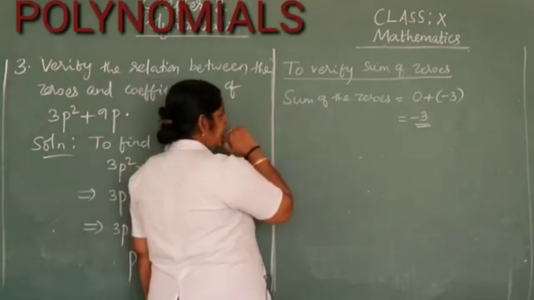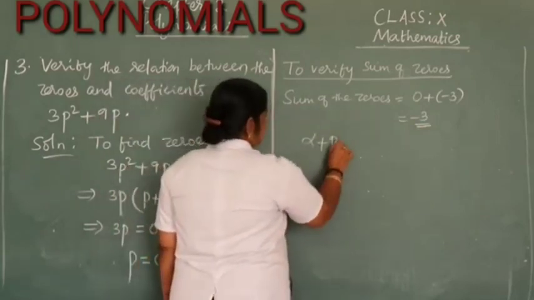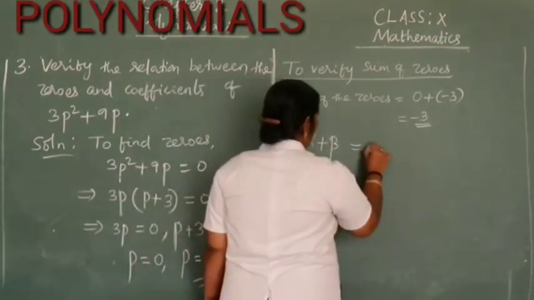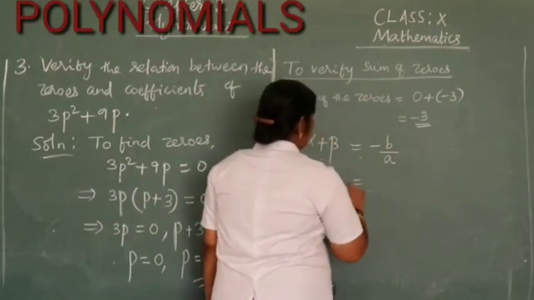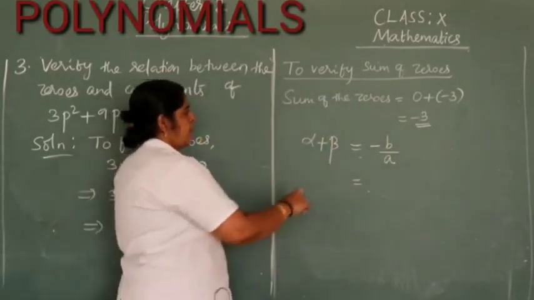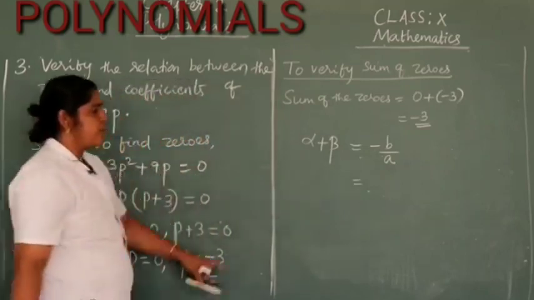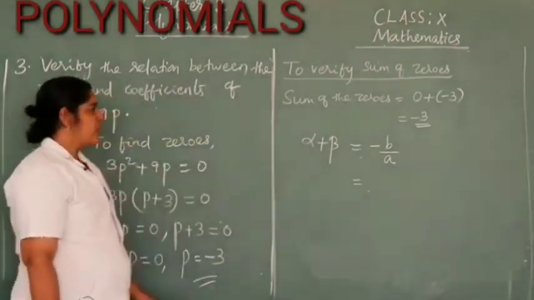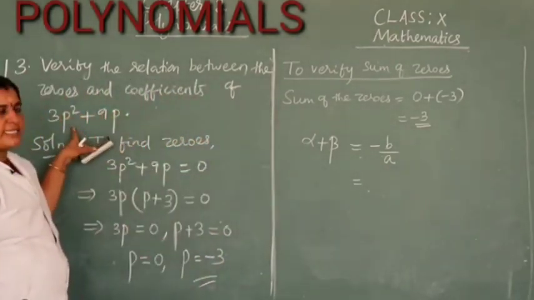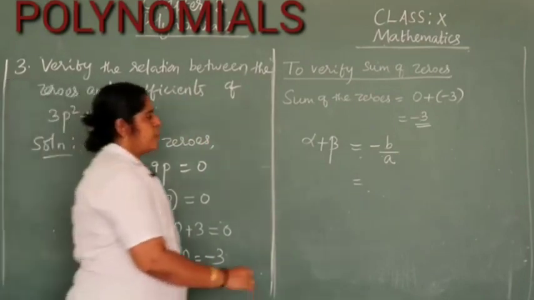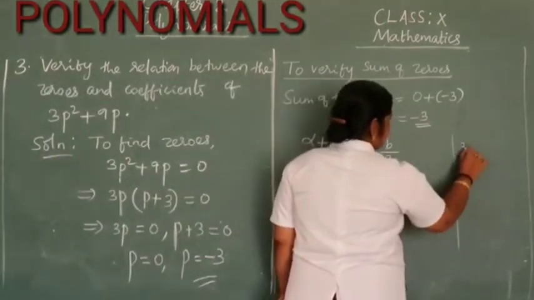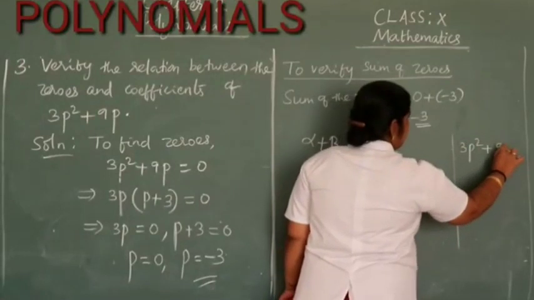Okay, now we are using the relation. If alpha and beta are the two zeros, alpha plus beta is equal to minus b by a. So when you check the relation, you need to identify the coefficients a, b and c. You know that our polynomial is 3p square plus 9p.